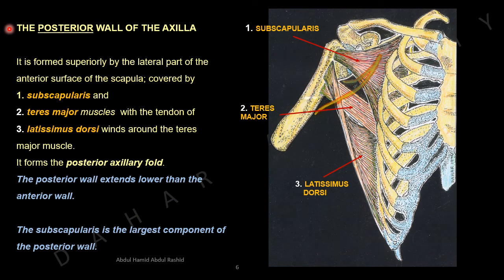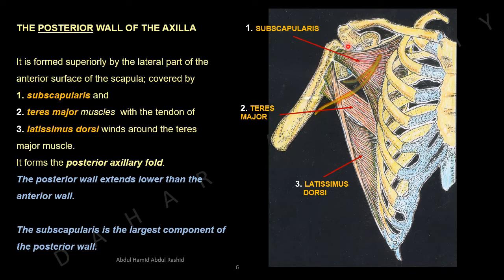The posterior wall of the axilla. We are looking from in front, this anterior view. It is formed superiorly by the lateral part of the anterior surface of the scapula.